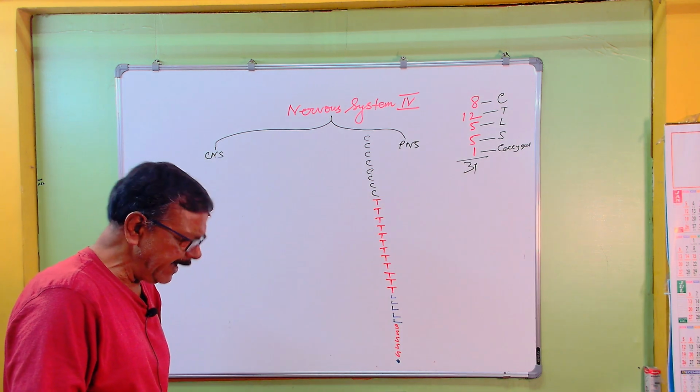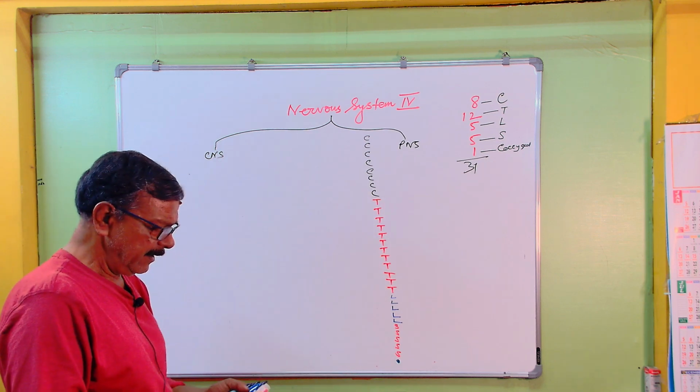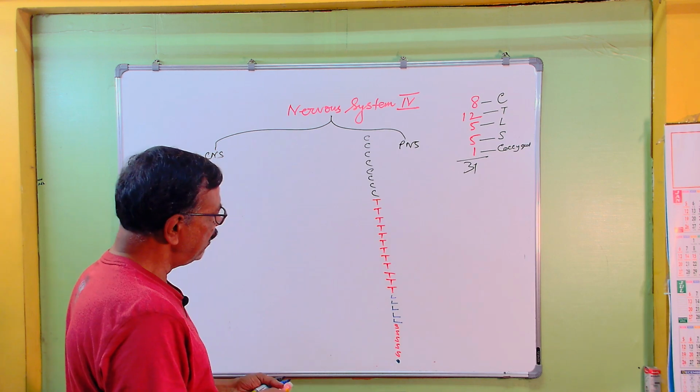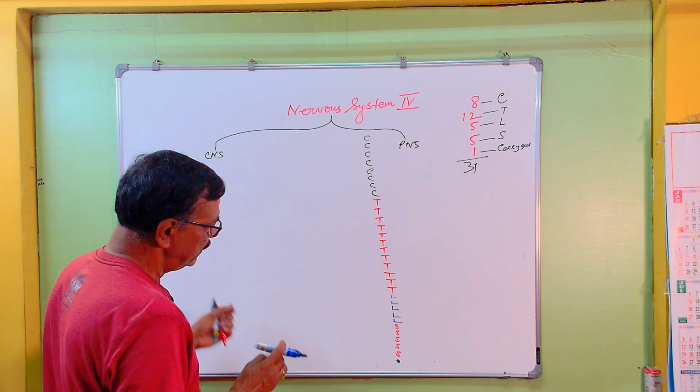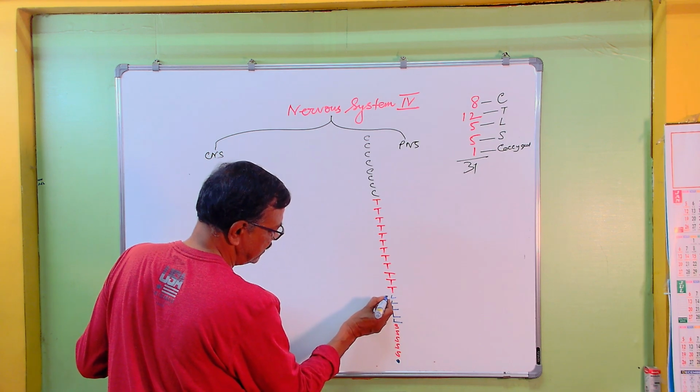So this is the length of the vertebral column, which is longer as compared to the spinal cord. The spinal cord extends up to the lumbar 1 vertebra, up to this.